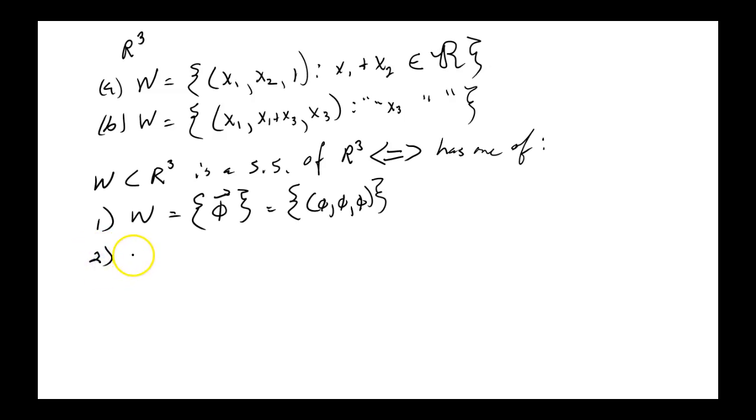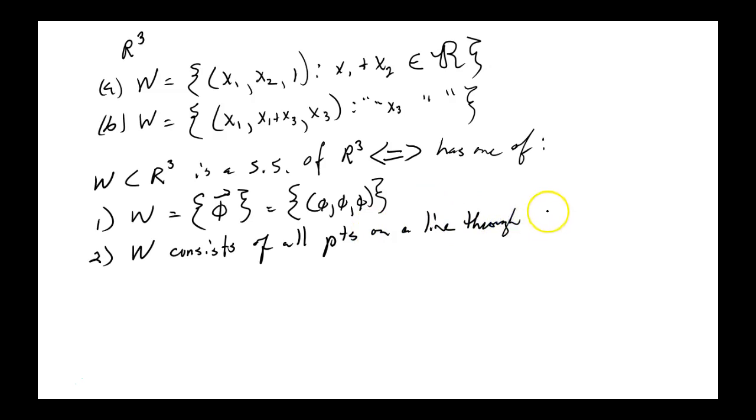Okay. 2. W consists of all points on a line that passes through the origin. 3. Or W consists of all points on a plane through the origin.